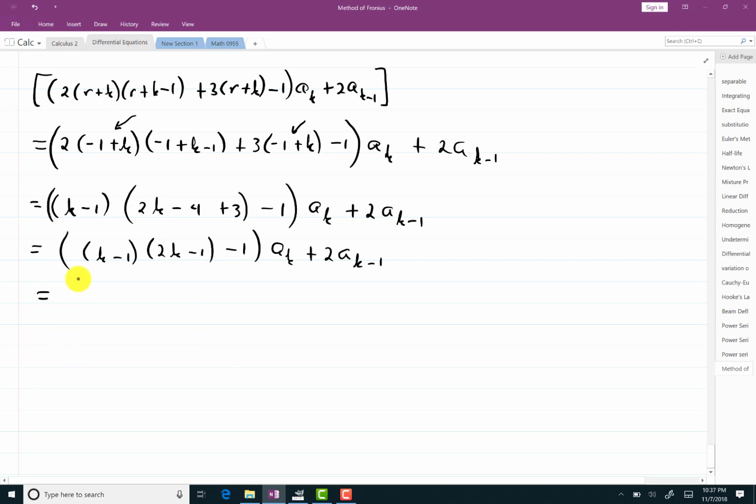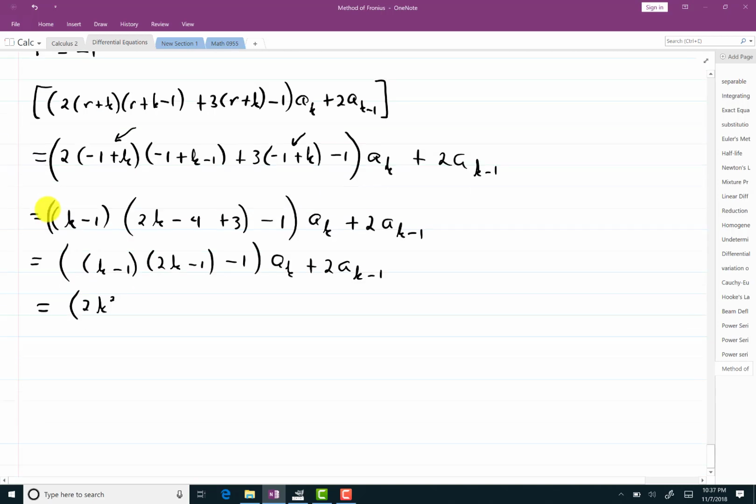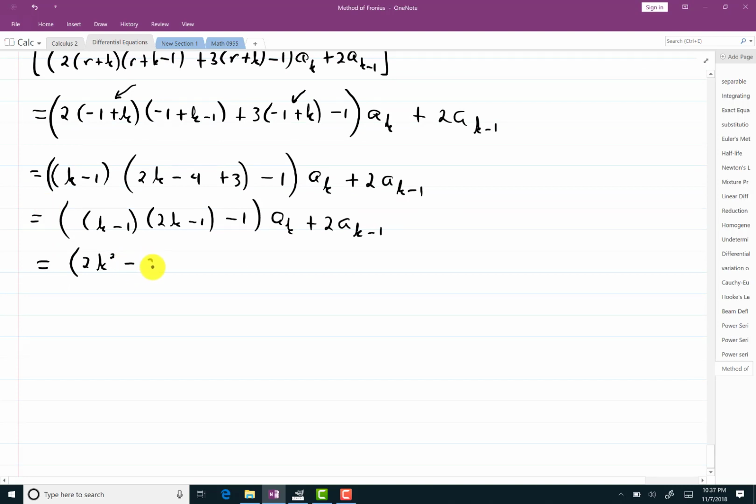So let's see what we have here. I have 2k squared minus k minus 2k, so minus 3k. And as I mentioned, plus 1 minus 1, they go away. A sub k plus 2a sub k minus 1. And of course, we're going to set all of this stuff equal to 0.